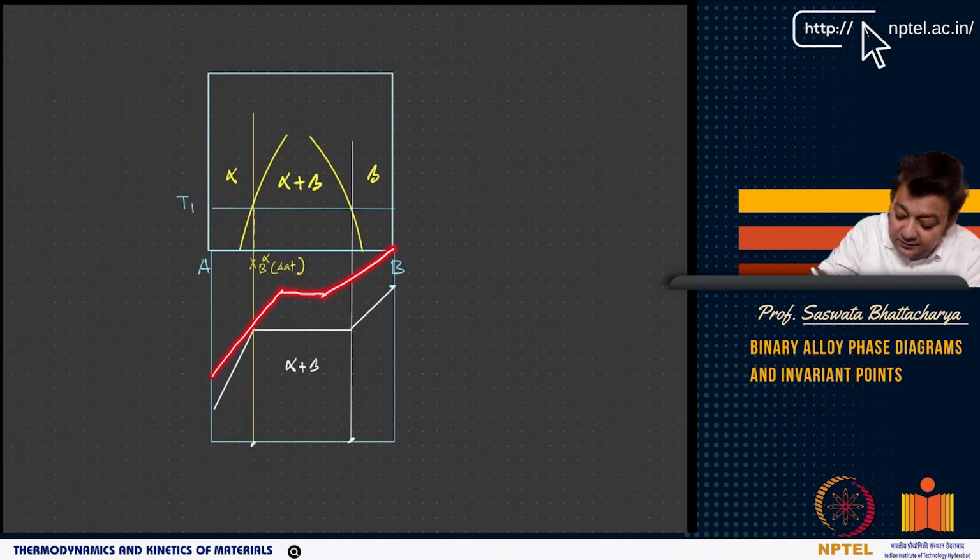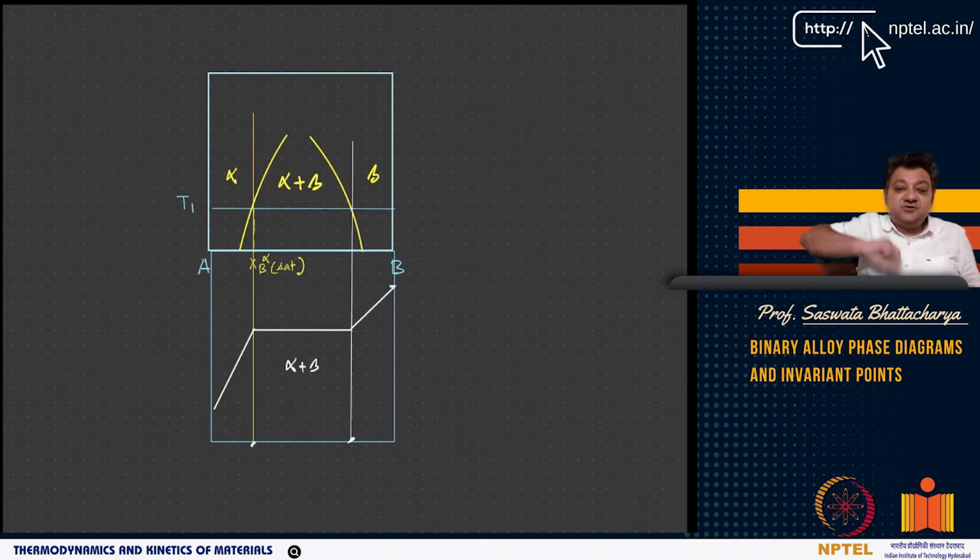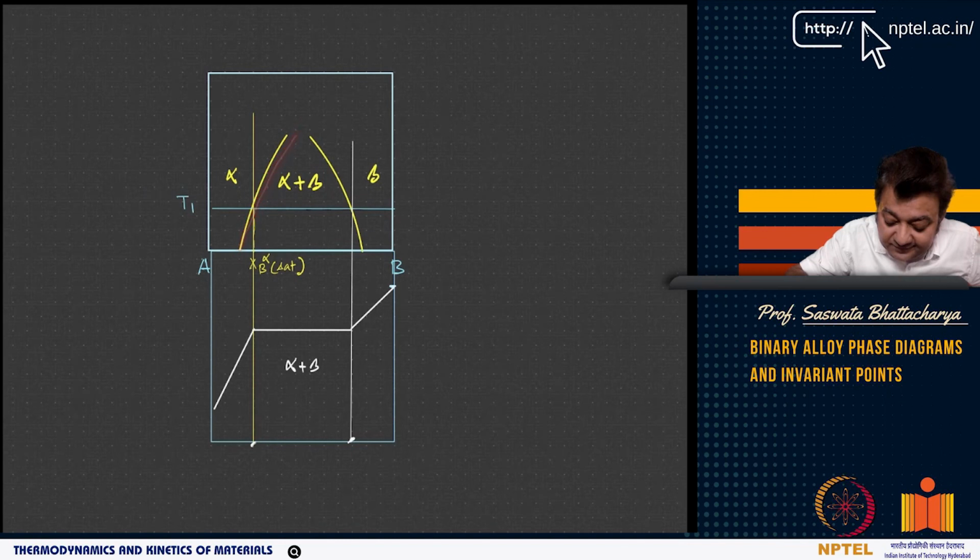Now you have these two points, which correspond to the two points at that temperature. Similarly, you can have points here corresponding to another temperature. So you get the points at the phase boundary, join them, and you get a phase boundary that separates alpha from alpha plus beta, and this one separates beta from alpha plus beta.